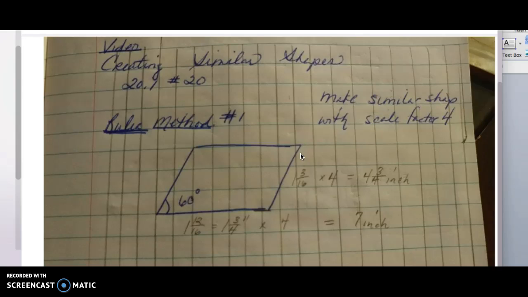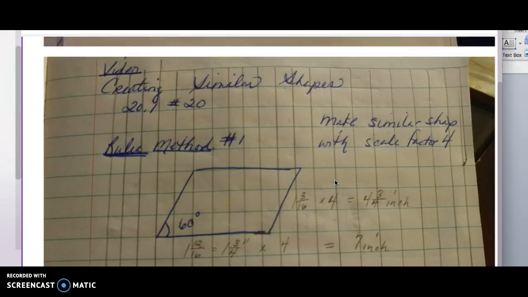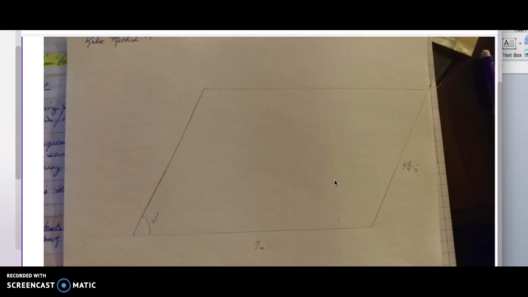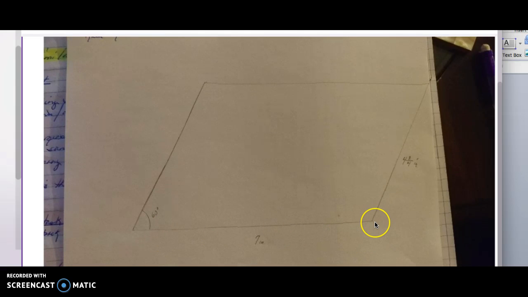And to make it similar triangles, I'm still going to use the 60 degrees. So this angle will still have to be 60 degrees. And so then doing that, I actually get this shape here where it is a similar triangle. So here's the 7 inches by 4 3/4 of an inch.